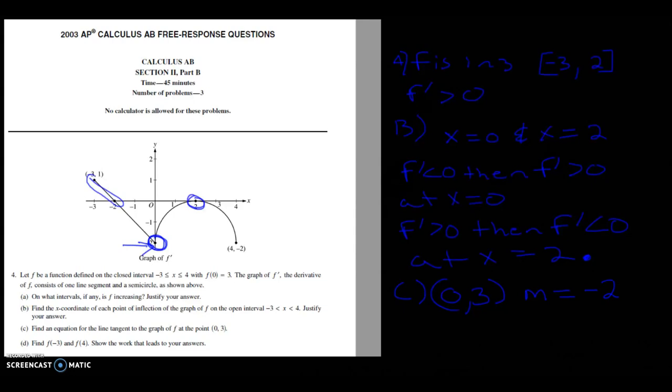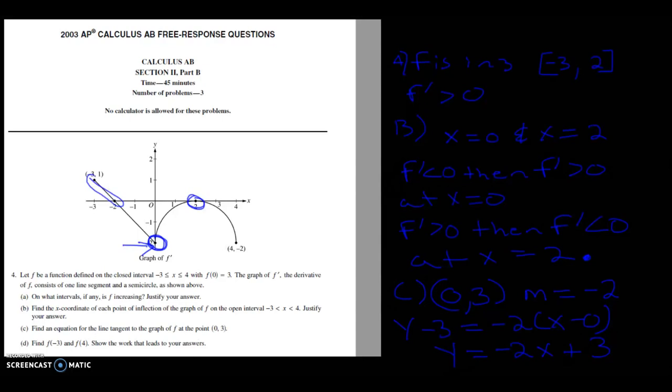So now we do y minus 3 equals -2 times x minus 0, which is going to give us y equals -2x plus 3.